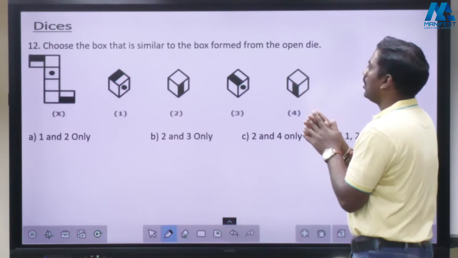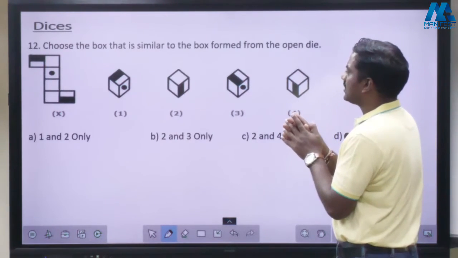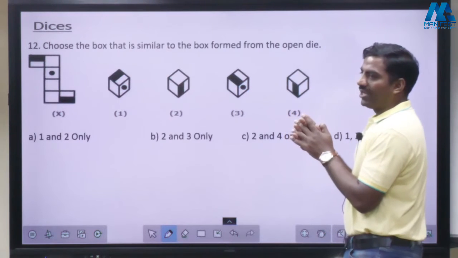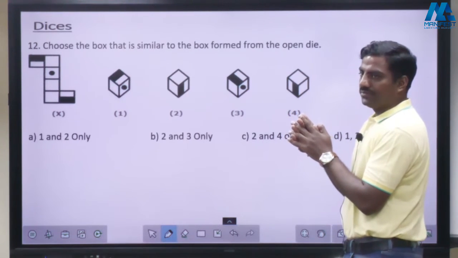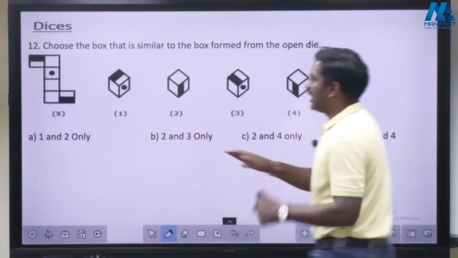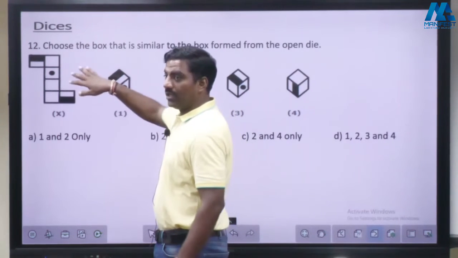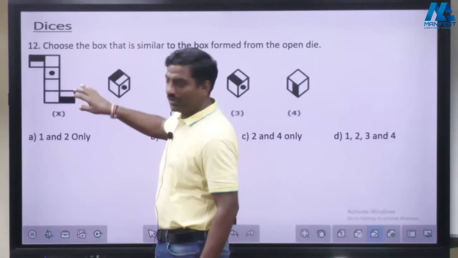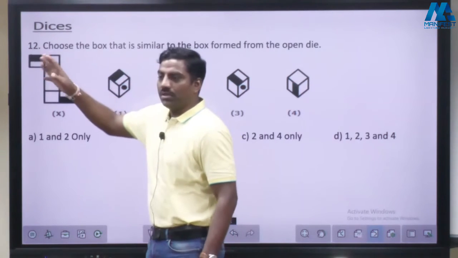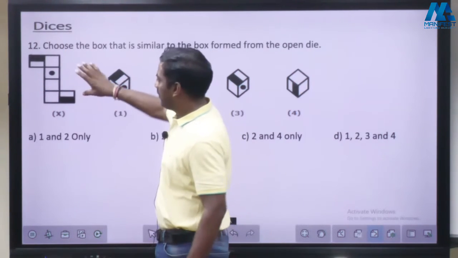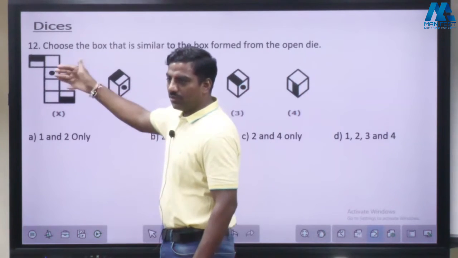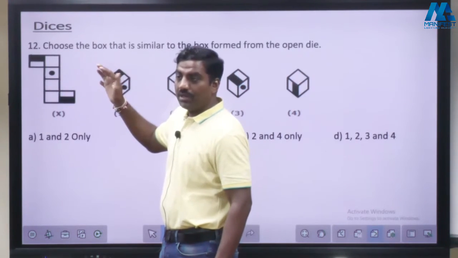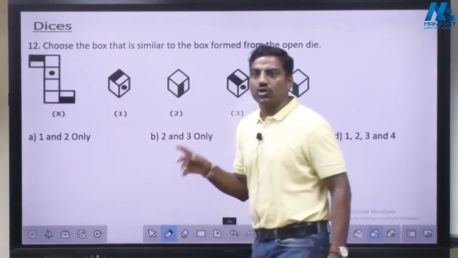When two blanks are opposite to each other, you cannot see them together along with the dot. Okay, again, it is just like the previous problem we had solved 10 minutes ago. You remove this, you remove this. Again, you will form a box with a hole. No two blanks are seen with dot. Yes or no?